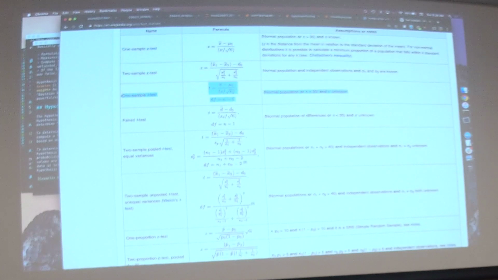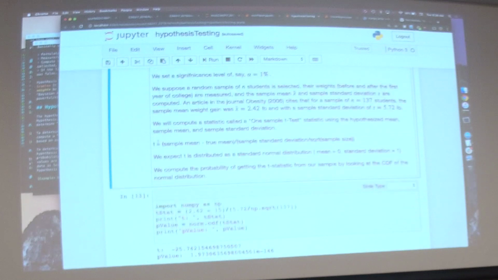So here we're using the one sample t-test. There's this formula T. We look at the difference between our hypothesized mean and the sample mean, right? And then we divide by our standard deviation.